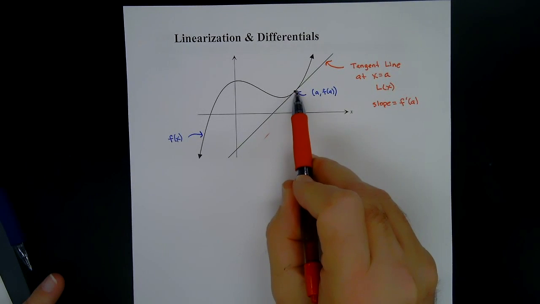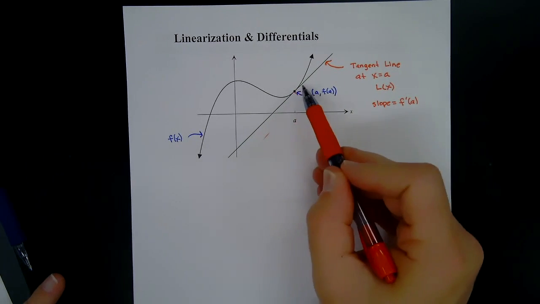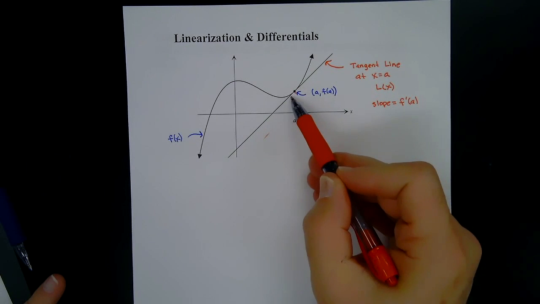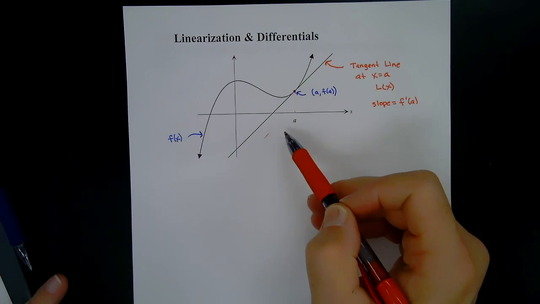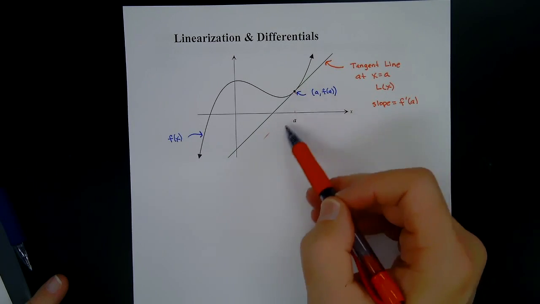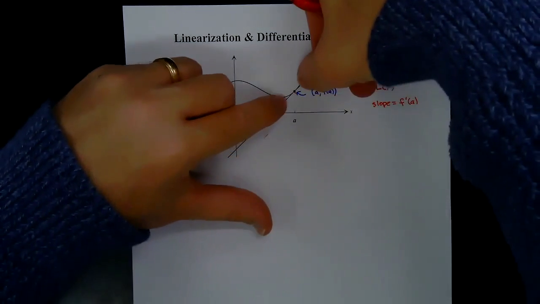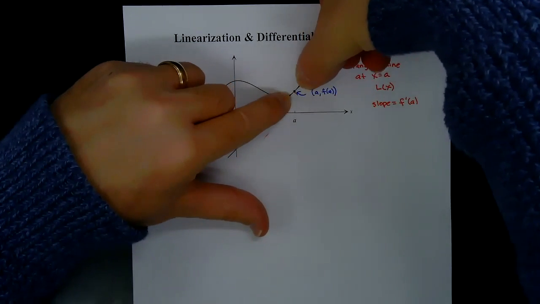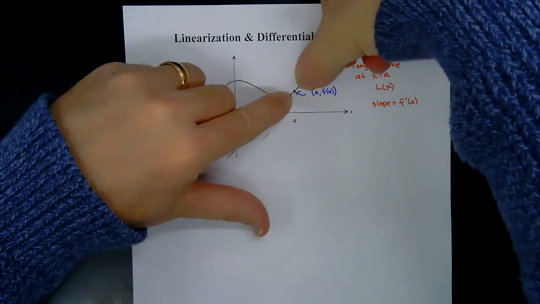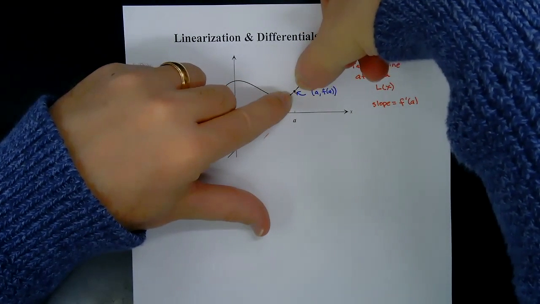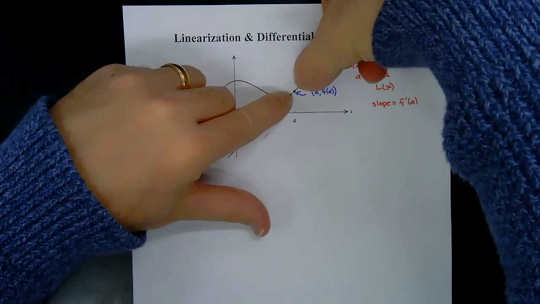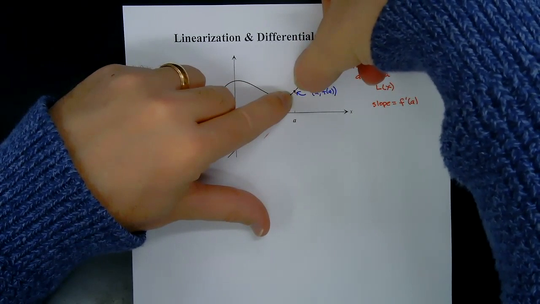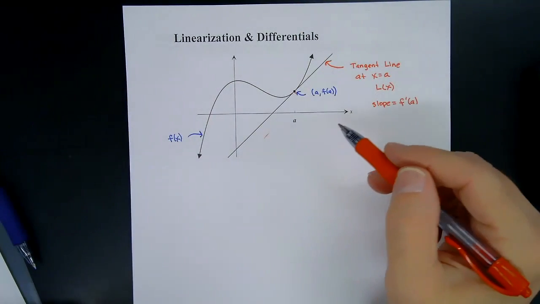So what happens is when we look really close, if you look right in here, you can't tell much of a difference between the function and the tangent line. Right in between my fingertips, there's not much of a difference between them. So in this region, we could use the tangent line to predict function values. A linear equation is much easier to work with.